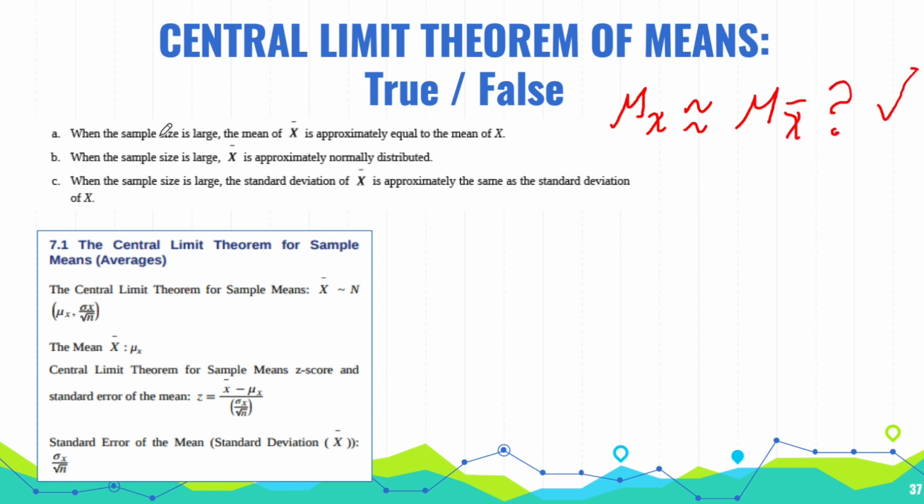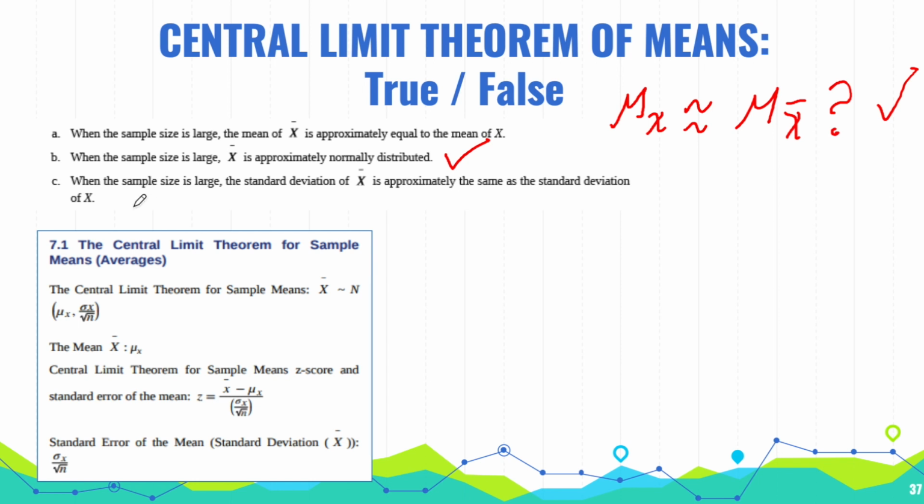When the sample size gets larger and larger, the mean of the sampling distribution of means is approximately equal to the mean of the original distribution. B, when the sample size is large, the sampling distribution of the means, capital X bar, is approximately normally distributed. Is that true? Yes. Look down here at the information from our textbook. The sampling distribution of our means, capital X bar, approximates a normal distribution.